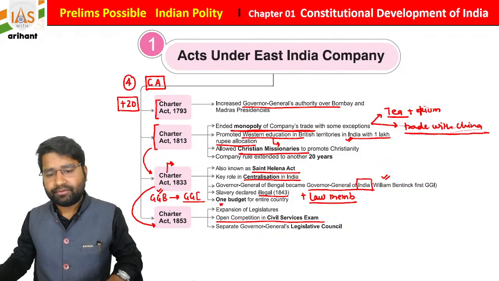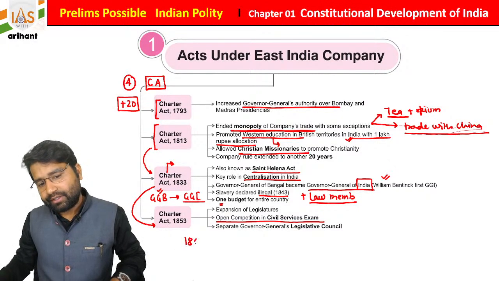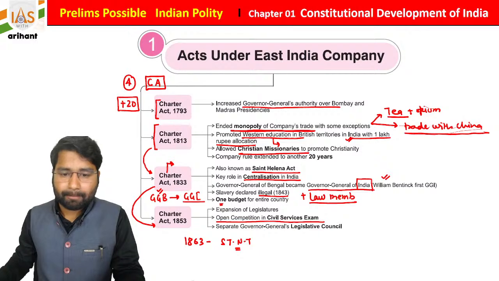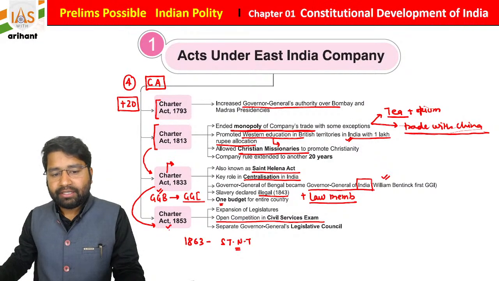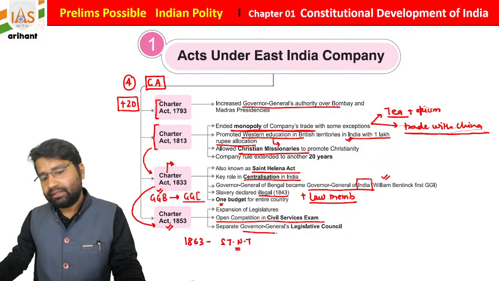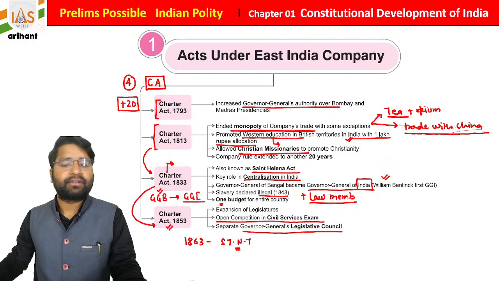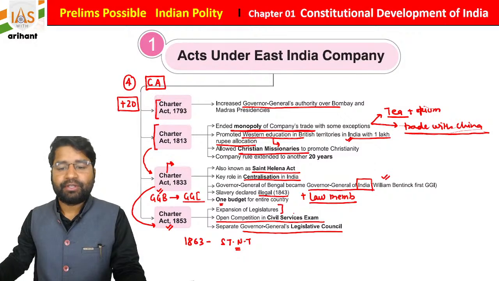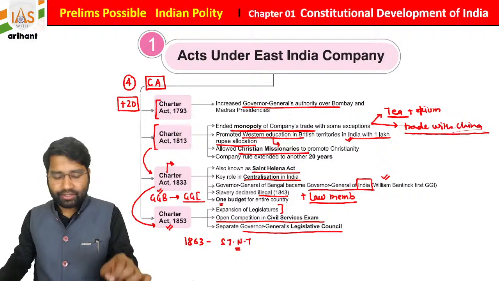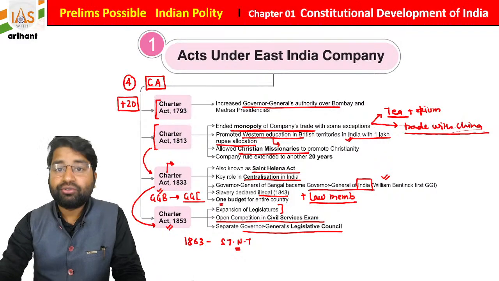As we already know, in 1863 a person named Satyendranath Tagore was the first Indian who cleared the civil services examination. And in 1853, students, they separated the Governor General's Legislative Council, and there was an expansion of the legislature. So this is an outline of this session, and now, students, we are going to do MCQs on the same.